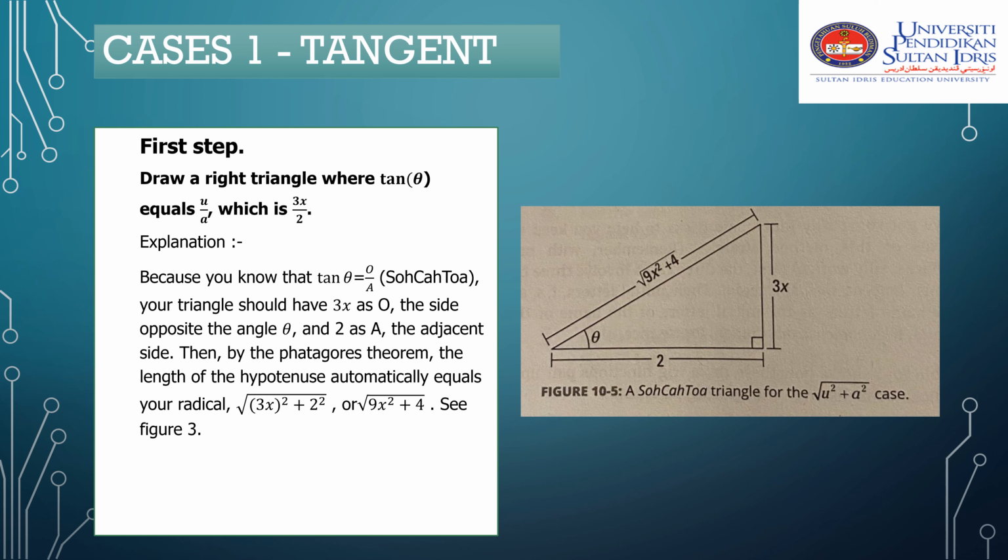Then by the Pythagorean theorem, the length of the hypotenuse automatically equals your radical, which is square root of (3x) squared plus 2 squared, or we can write it as square root of 9x squared plus 4. You can see it in the figure beside that.